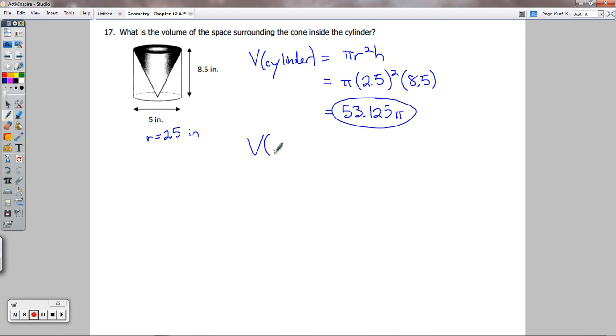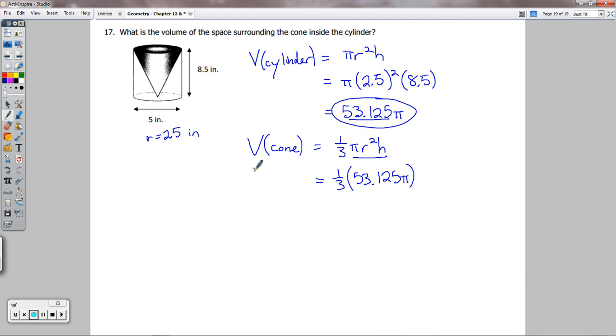The volume of the cone would be 1/3 of that, 1/3 pi r squared times h. So why don't I just do 1/3 of, I've already calculated this part, it's that right here. So I'm just going to do 1/3 of 53.125 pi.